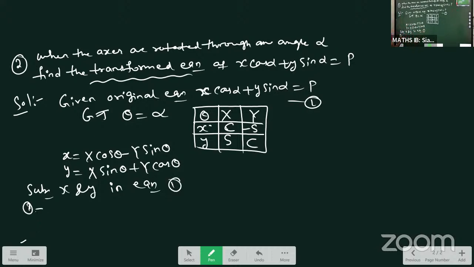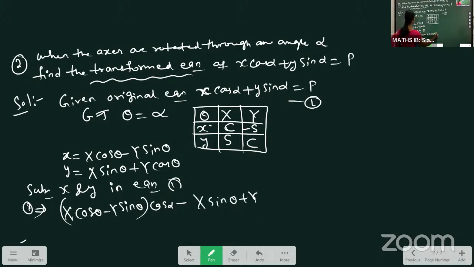So equation 1 implies x cos alpha, where x is (X cos theta minus Y sin theta), whole times cos alpha, plus y sin alpha, where y is (X sin theta plus Y cos theta), times sin alpha, is equal to P. Multiply the entire part with cos alpha and the other term with sin alpha.